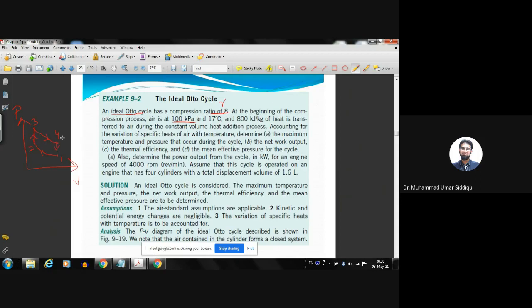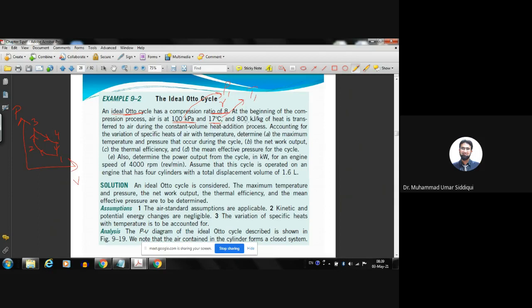At the beginning of the compression process, air is at 100 kilopascal and 17 degrees centigrade. So we know T1 and P1. So this will be P1, and this will be T1.